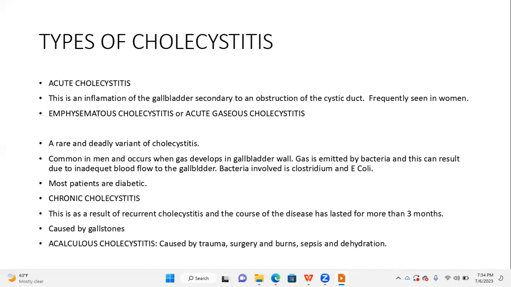Chronic cholecystitis. Chronic cholecystitis is a result of recurrent cholecystitis, meaning the course of the disease has lasted for more than 3 months. Chronic cholecystitis is caused by gallstones. The swelling and irritation of the gallbladder continues over time.